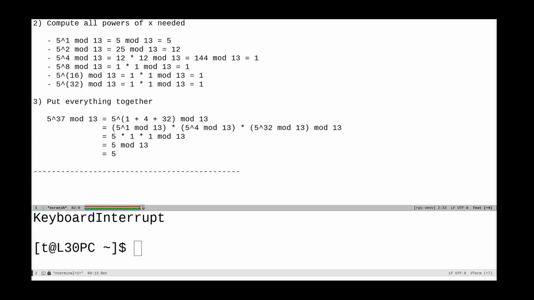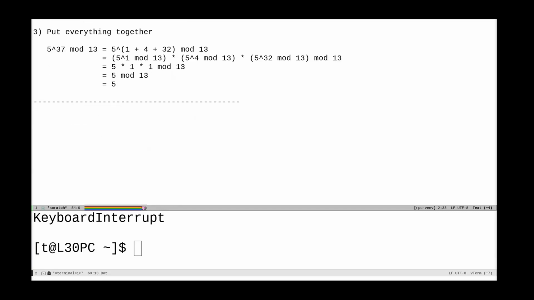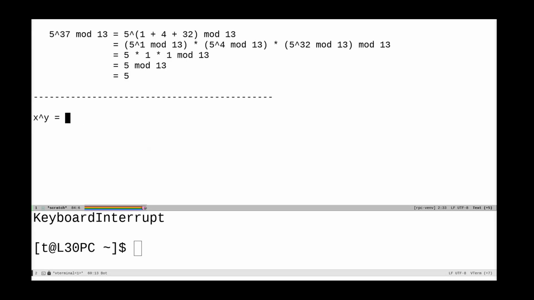So the way we will implement it follows the following idea. If I have x to the y, I can write this as follows: suppose that I take my exponent and divide it by 2. Suppose for now that the exponent is even, so I don't lose anything.